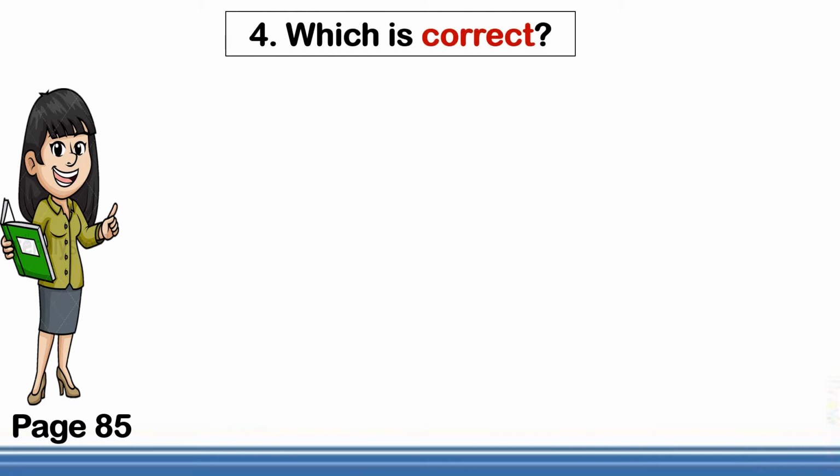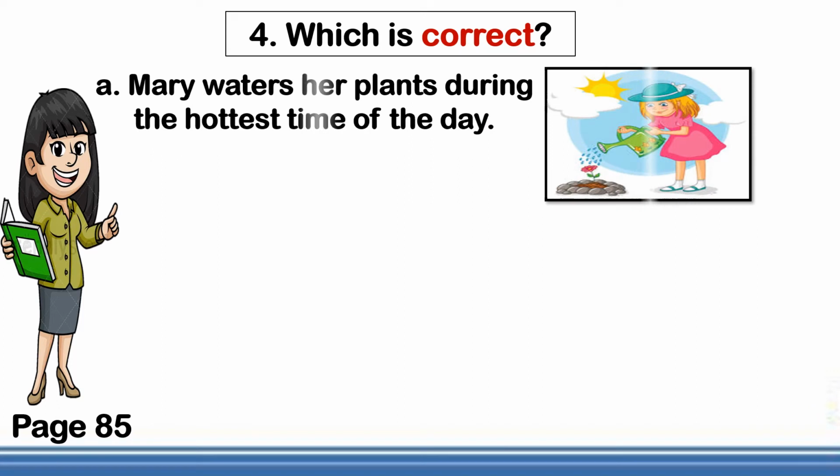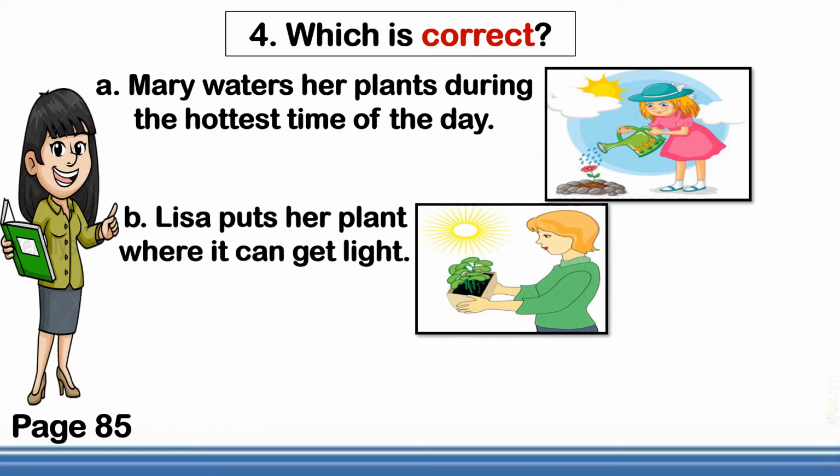Number 4, which is correct? Letter A, Mary waters her plants during the hottest time of the day. Is it correct that you water your plants in the afternoon when the sun is very hot? Letter B. Lisa puts her plant where it can get light.